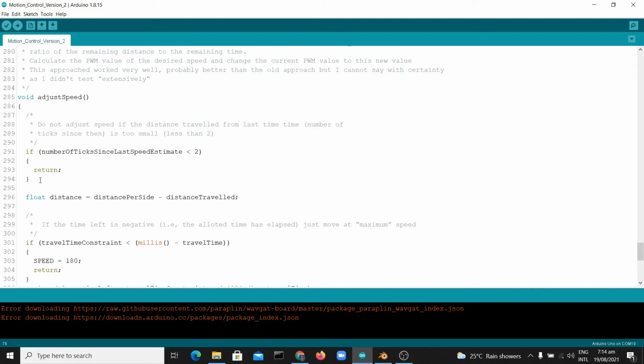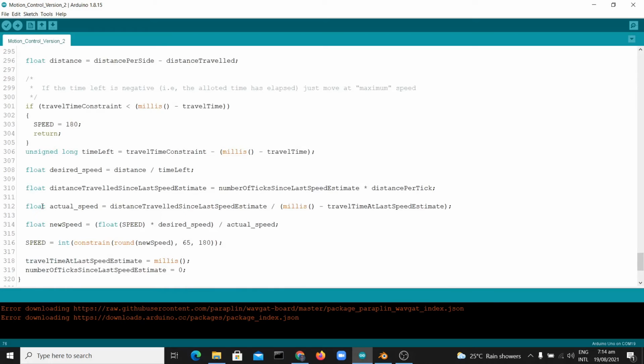I find the distance traveled in 2 ticks, then the time it took for that distance, and the ratio of distance to time gives me the actual speed of the vehicle. Then I calculate my desired speed by taking the ratio of the distance left over the time left. Then I use some mathematics to compute the new speed.